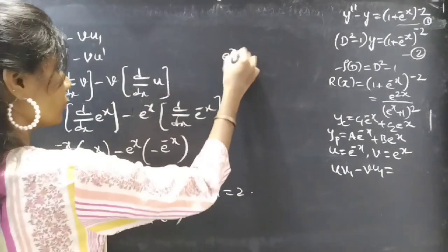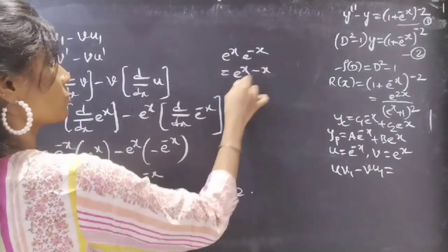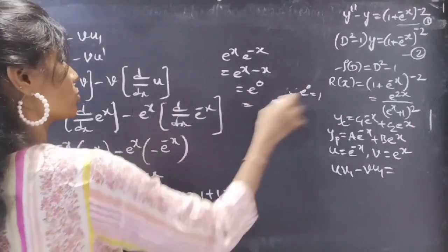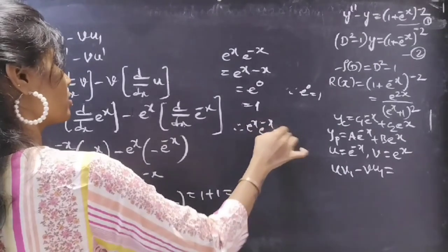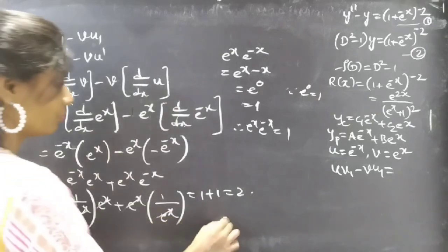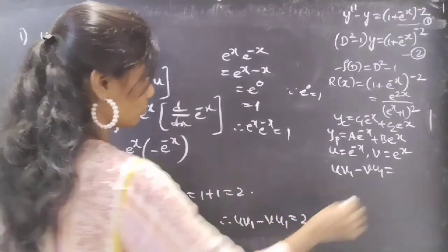Or e power x into e power minus x can be written as e power x minus x, which is e power 0, which equals 1. Therefore, e power x into e power minus x equals 1, and finally uv1 minus vu1 equals 2.